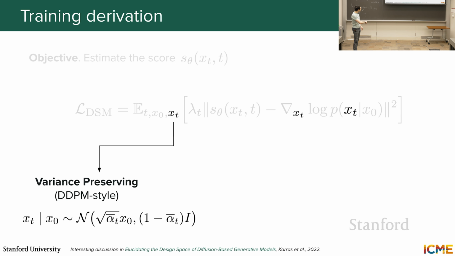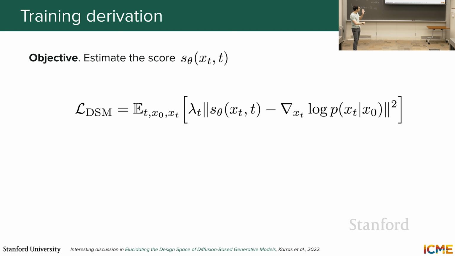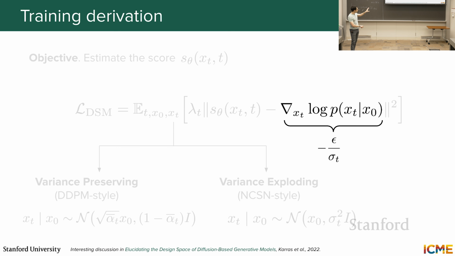And so here, what we're doing is, again, predicting the score. So this score formulation is just a regression on the conditional score, which we saw was tractable, which is, as we saw, minus epsilon over some coefficient.